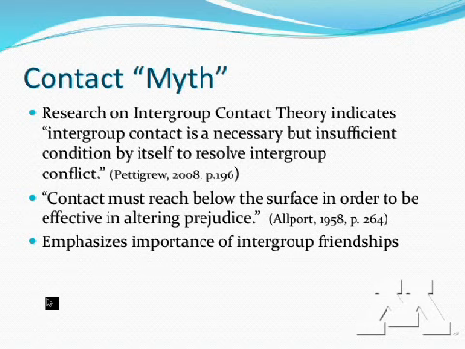So Pettigrew, who followed up on Allport's studies, said that intergroup contact is a necessary but insufficient condition by itself to resolve intergroup conflict. Contact across cultures could actually increase or strengthen stereotypes if it does not meet certain conditions. And one of those conditions that's highly emphasized is the importance of intergroup friendships, of having authentic, deep cultural contact, not necessarily just superficial contact.